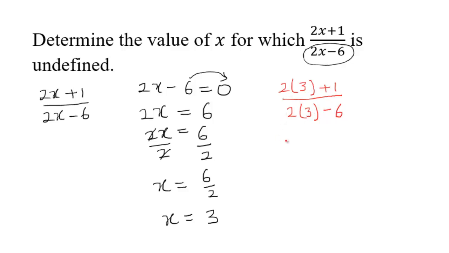So 2 times 3 will give us 6, plus 1, all over 2 times 3 is 6, minus 6. 6 plus 1 is 7, all over 6 minus 6 is 0. So the moment the denominator becomes 0, it means the whole thing becomes undefined.